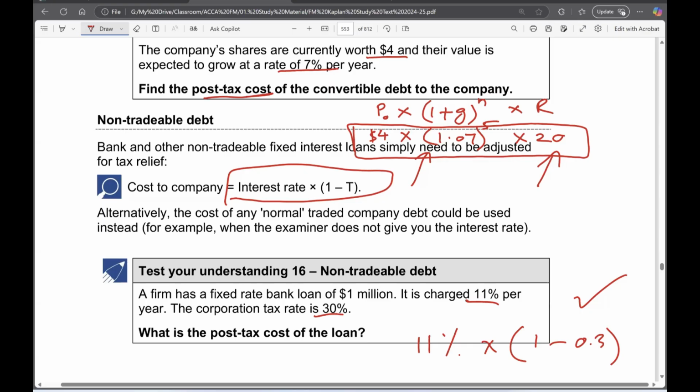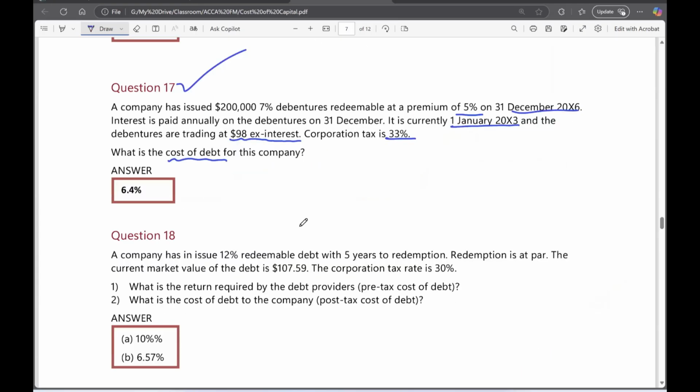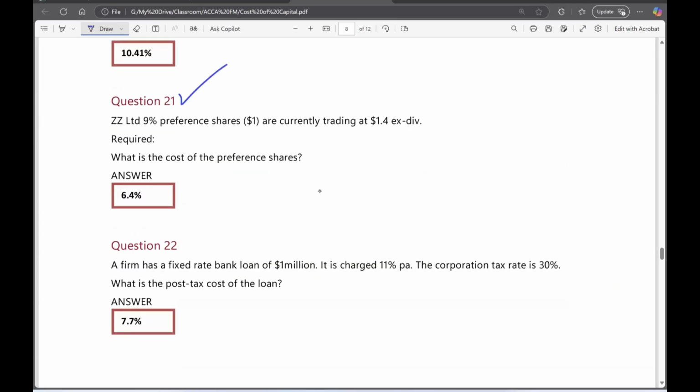And the last thing, how to find the cost of the preferred stock or the preference shares. We can call it KP as well, cost of preference shares. So look, very simple. If you want to find the cost of the preference shares, preference shares carry a fixed dividend, which you will pay in perpetuity.